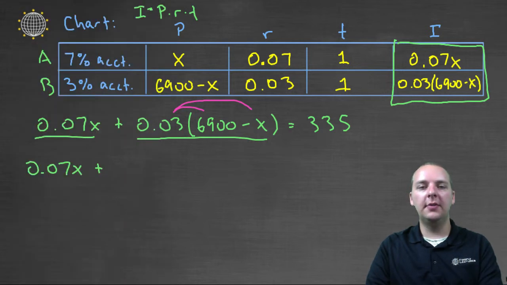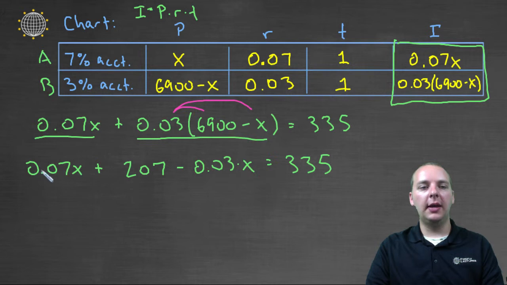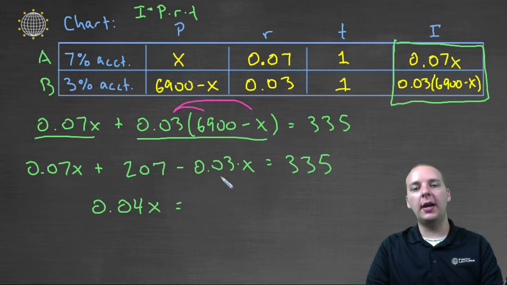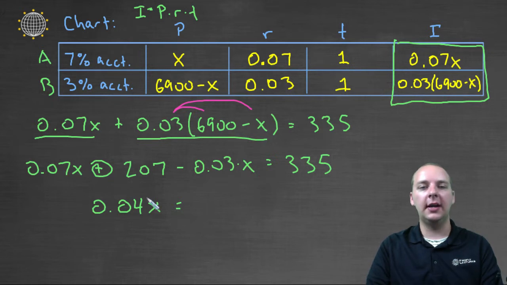We'd get 207 minus 0.03 times x equals 335. All right, we have a couple like terms here. 0.07 minus 0.03 is 0.04x, and then we'll subtract the 207 to the right hand side since it's being added on the left hand side, and we would get 128 on the right hand side.